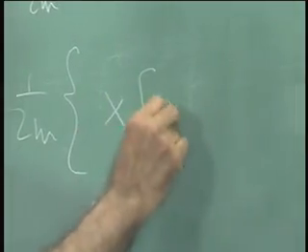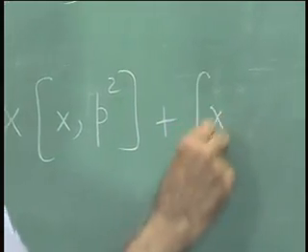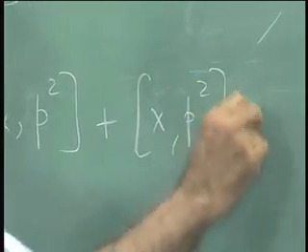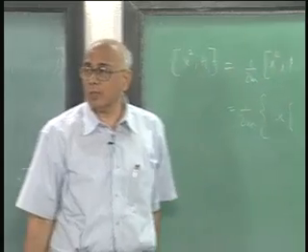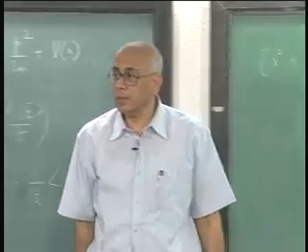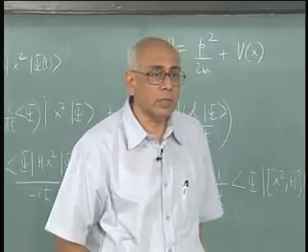x with p squared, x plus x, x with p squared, because that is the rule for finding these commutators of products. So you got to be careful with the order here, because x and p do not commute with each other.